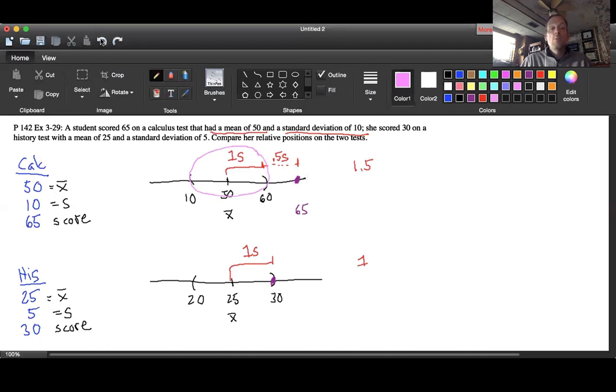Now, did they do the same job in history? Did they do that well also? Well, down in history, if we circle everybody that scored within 1 standard deviation of the mean, their score was just on the leading edge of that. So no, they didn't pull as far ahead from the pack as they did with the calculus test. And that's exactly why the relative positioning was better when they took the calculus exam.